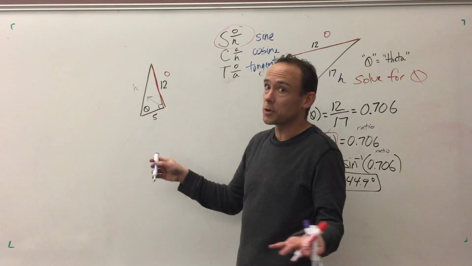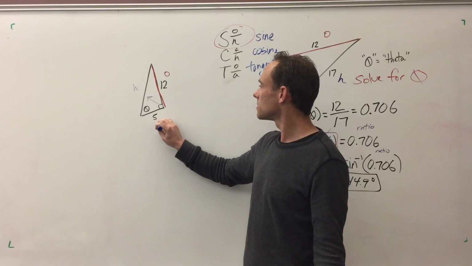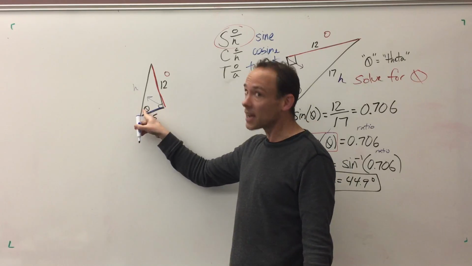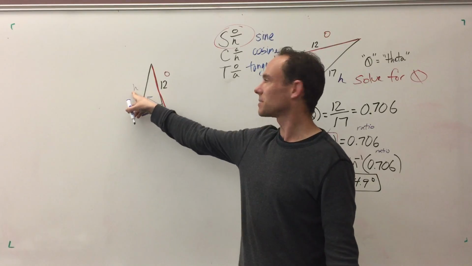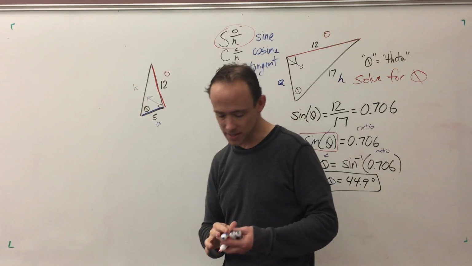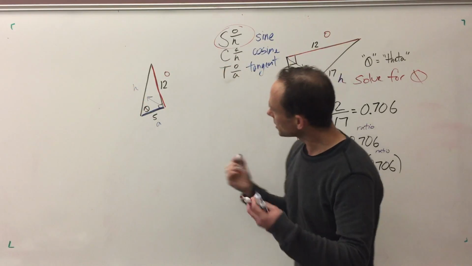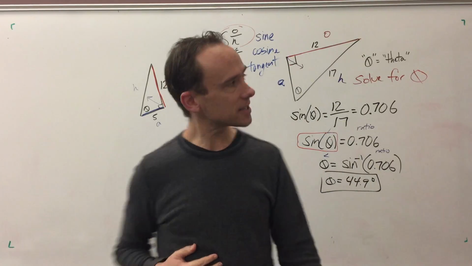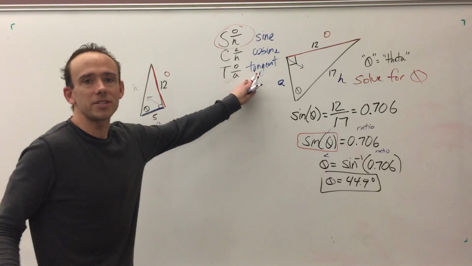Then the final remaining must be the adjacent. The angle is always made up of the hypotenuse and the adjacent side. So I look at this and I say I've got the opposite and the adjacent. Well, I might as well use tangent.